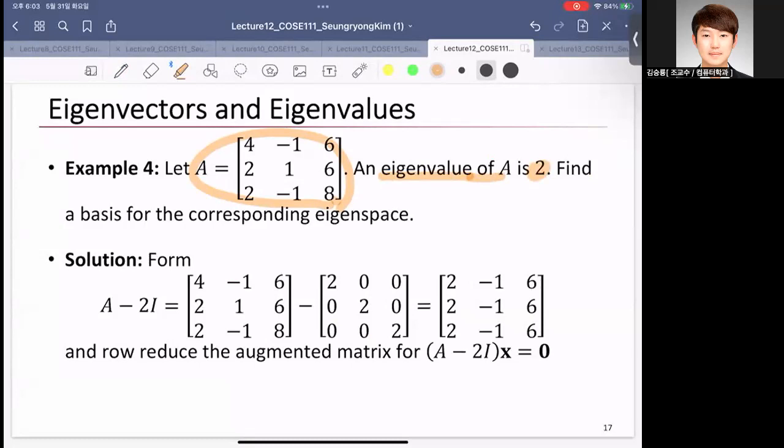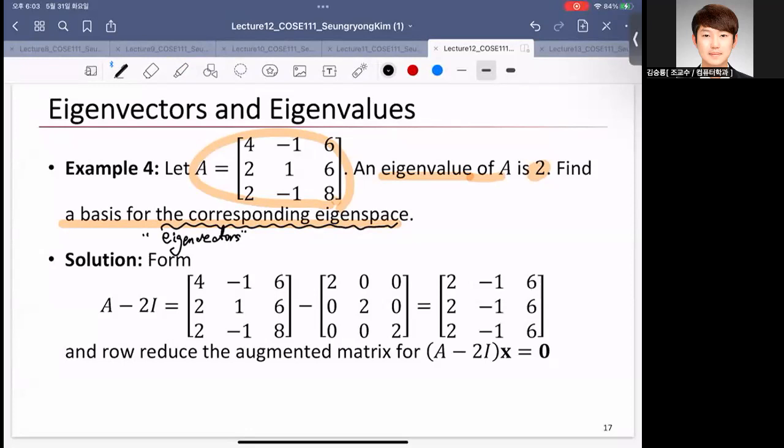Find the basis for the corresponding eigenspace, the set of the vectors in this eigenspace being called eigenvectors. So the question is, let's find the eigenvectors corresponding to eigenvalue 2 for this matrix A.